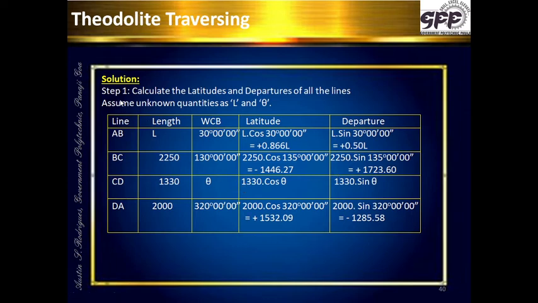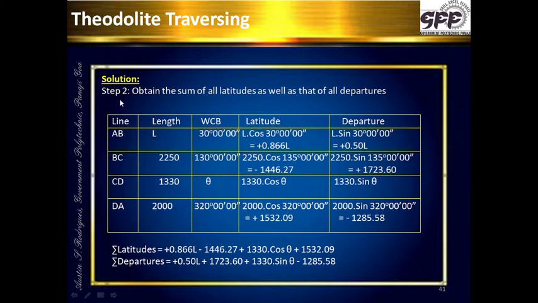Let us go to step number 2. In step number 2, as usual, obtain the sum of all the latitudes and that of departures. So latitude, the first one is plus 0.866 L, then minus 1446.27, then 1330 cos theta, and plus 1532.09.